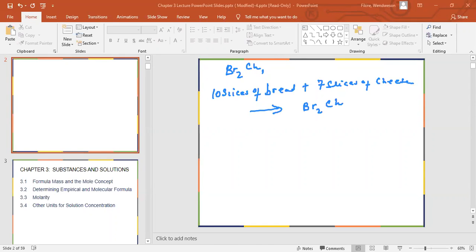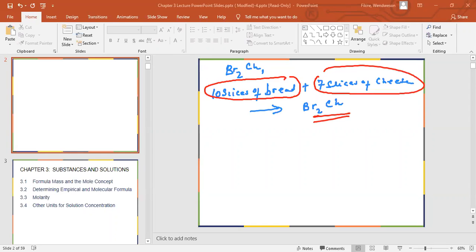If you have 10 slices of bread and 7 slices of cheese, how many sandwiches can we make? If two values are given as reactant values, this is a reactant, this is a product. So this is a limiting reactant problem.